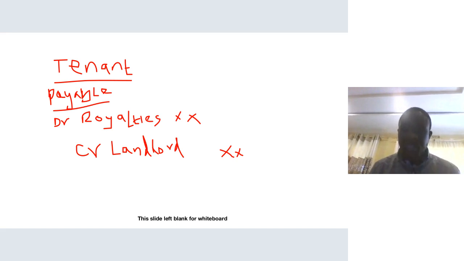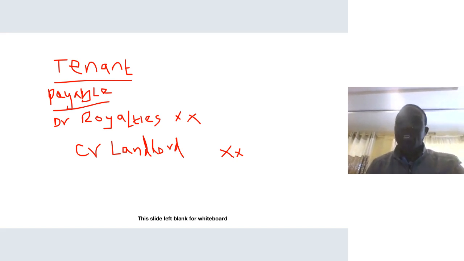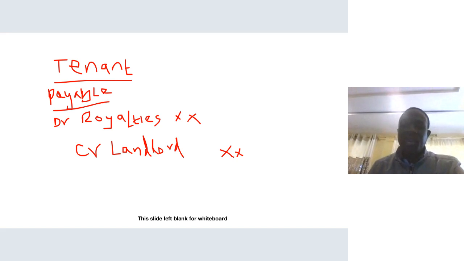So we debit the landlord's account with the actual amount that is paid, and we credit the cash book with the same amount.